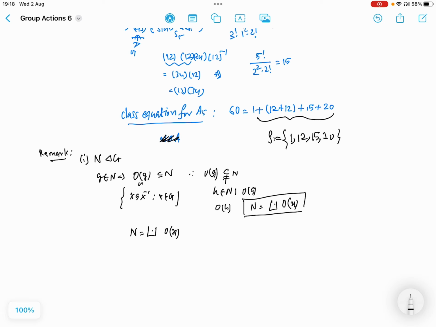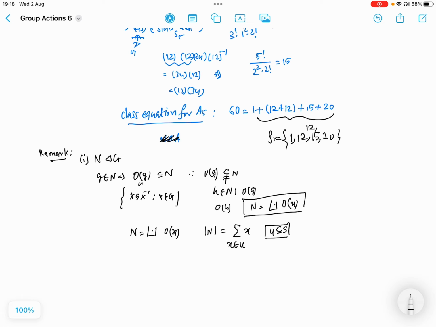So if there is a normal subgroup, non-trivial proper, then the order of that normal subgroup will be the sum of some subset of S. That is the easiest way to define it. So there will be some subcollection of this set S, or maybe let me put 12 again here because there are two 12s. So let's not get confused. All I'm saying is if N is a normal subgroup, then the order of N can be written as a sum of some subcollection of these elements.